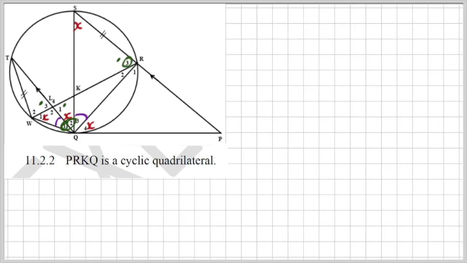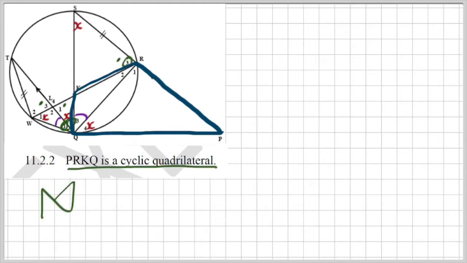It says here, prove that PRKQ is a cyclic quadrilateral. So I ask myself, how do I prove something to be a cyclic quadrilateral? I have that to be equal or to a cyclic quad. So I've got three options.